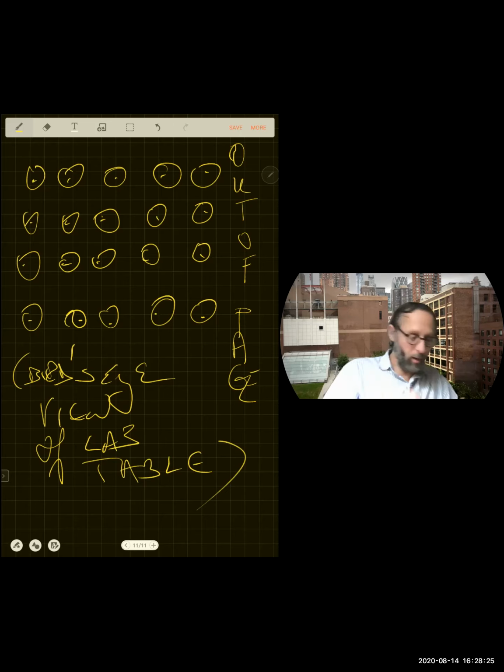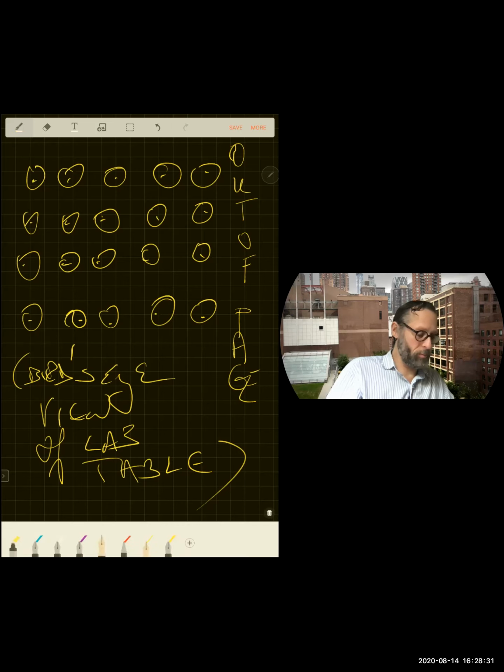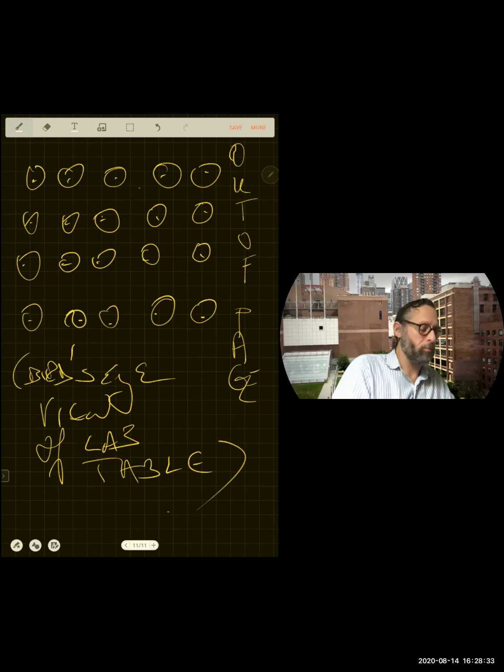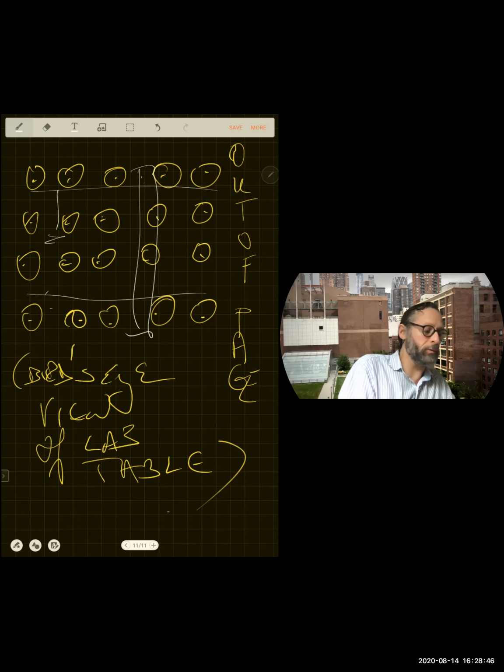Now imagine that we create the following. We put a rail made of metal, a rod made of metal, and a resistor made of metal.